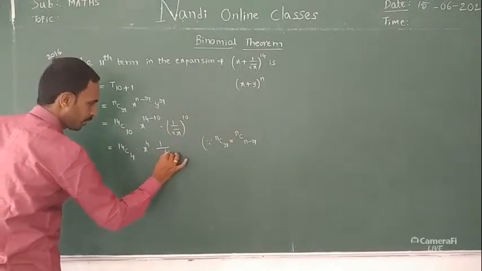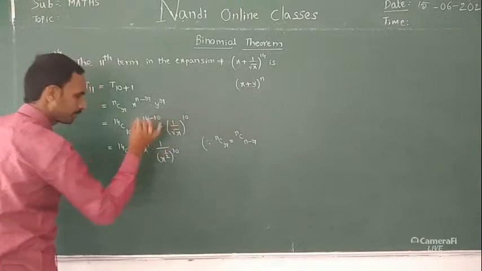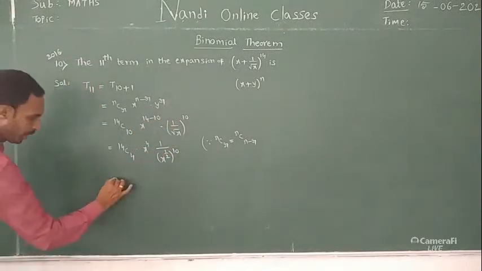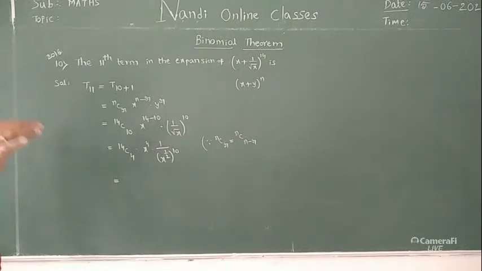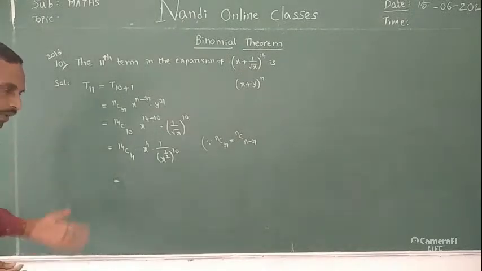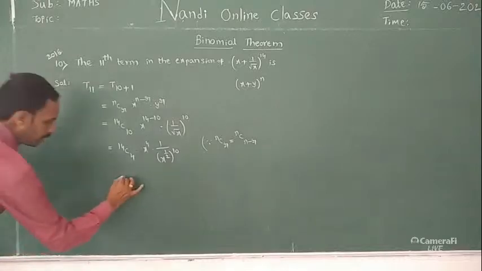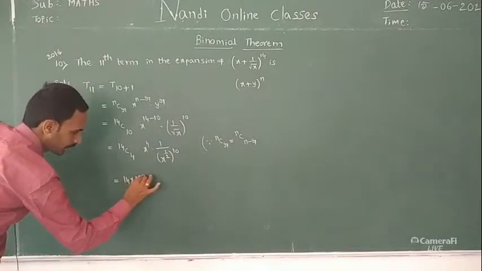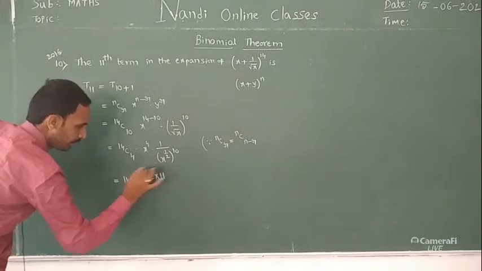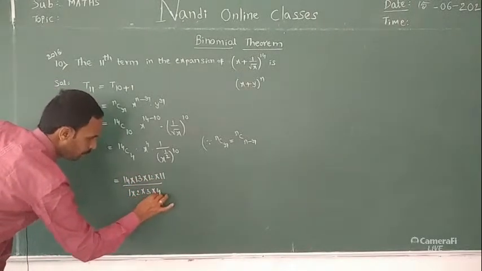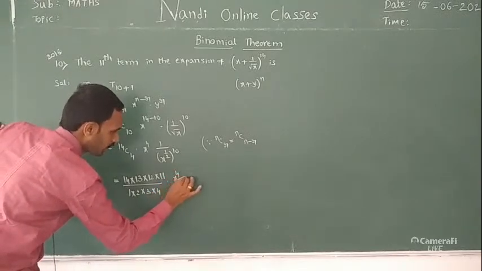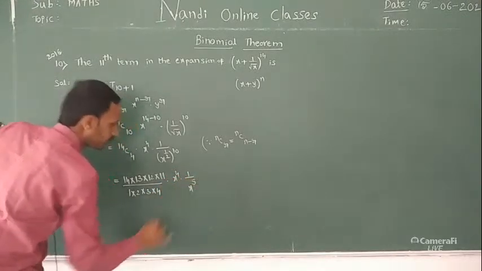Root x is x power 1 by 2, whole power 10. Simplify: 14C4 can be written with the formula n factorial by (n minus r) factorial into r factorial, or 4 terms by 4 terms: 14 into 13 into 12 into 11 by 1 into 2 into 3 into 4, into x power 4 into 1 by x power 5.